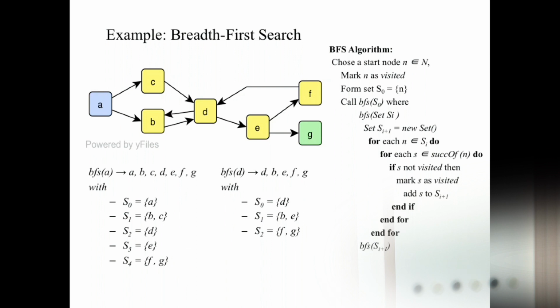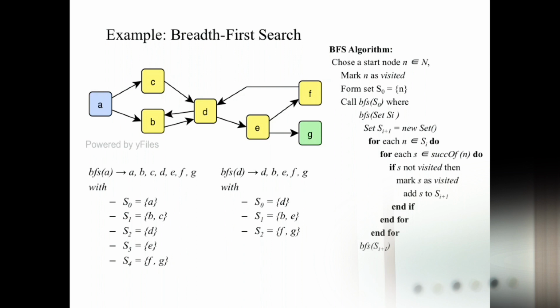If we started from Si, the next set will be S(i+1). In this case, Si was S0 and it contains only one node, which is A. In that new set we add, for each n that belongs to the members of that Si, its successors.